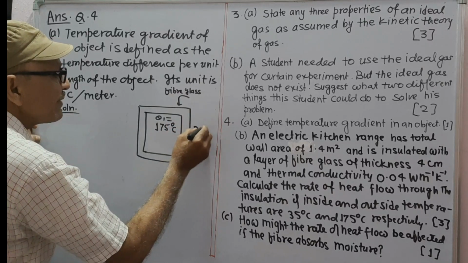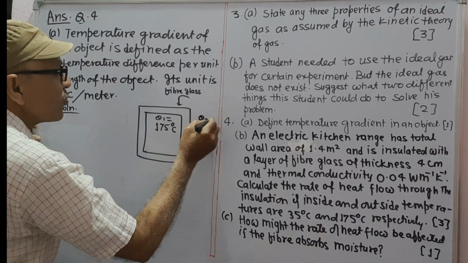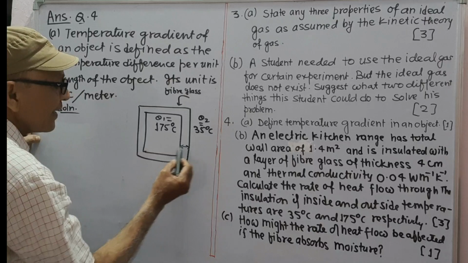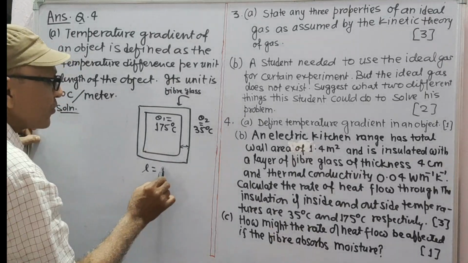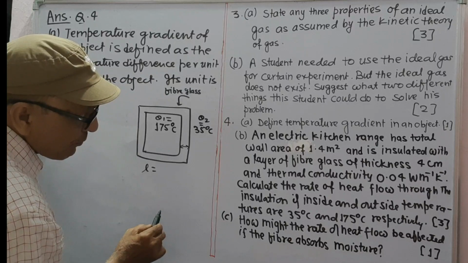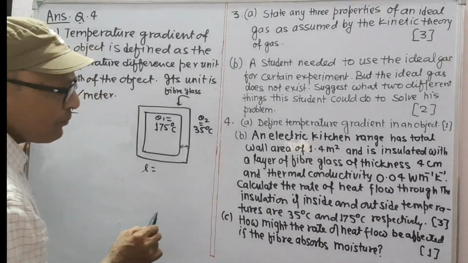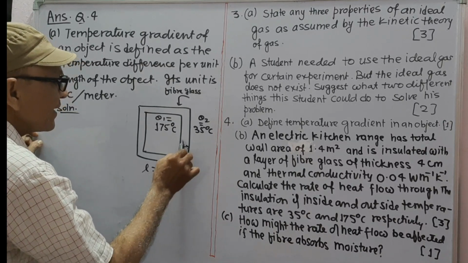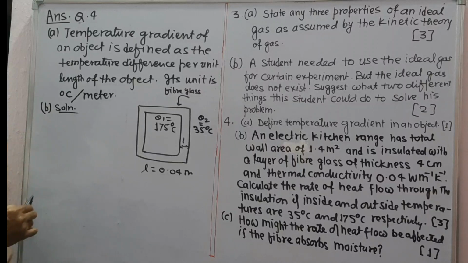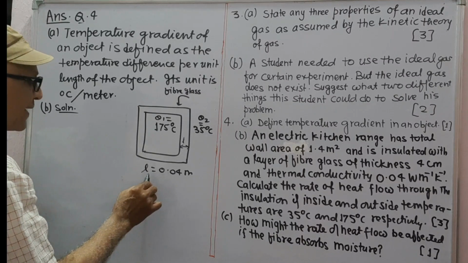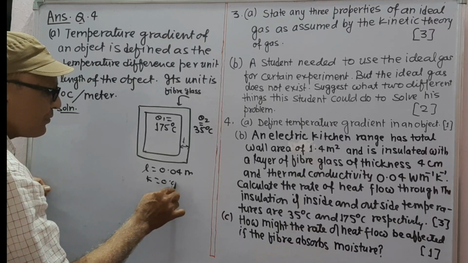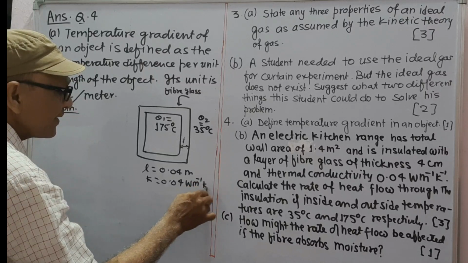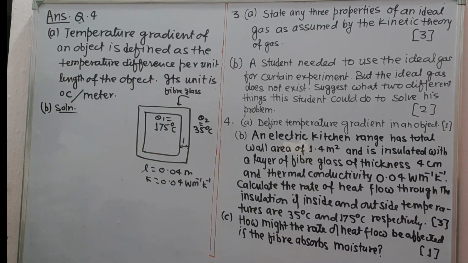Outside temperature is 35 degrees Celsius, that is theta 2. Thickness L is equal to 4 centimeter, 0.04 meter, that is thickness of insulation. K is 0.04 watt per meter per Kelvin, thermal conductivity of glass fiber.